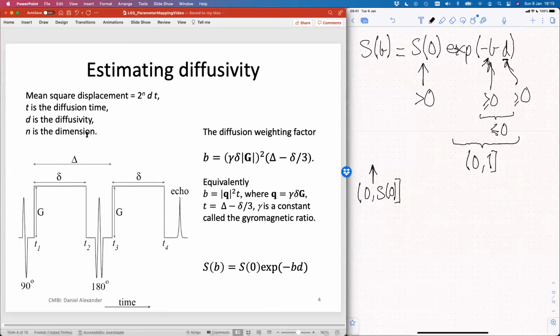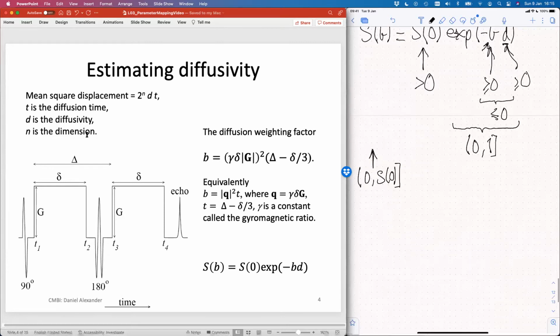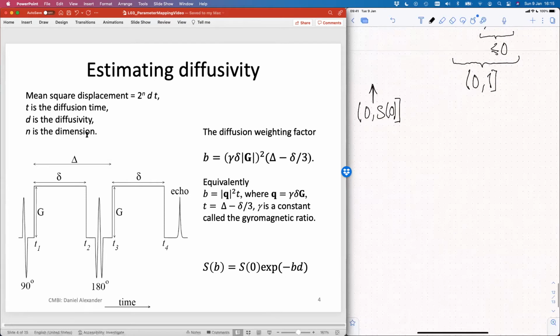We can rearrange this equation quite simply to write D in terms of things that we know or can measure. Let me first of all just write it again now using measurements rather than signals. So I can write the measurement A for a particular B value B is then the unweighted measurement A0 times e to the minus BD.